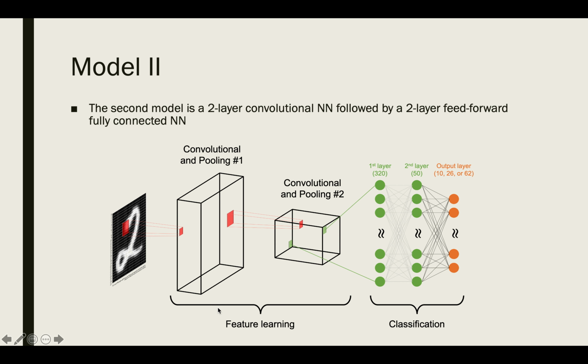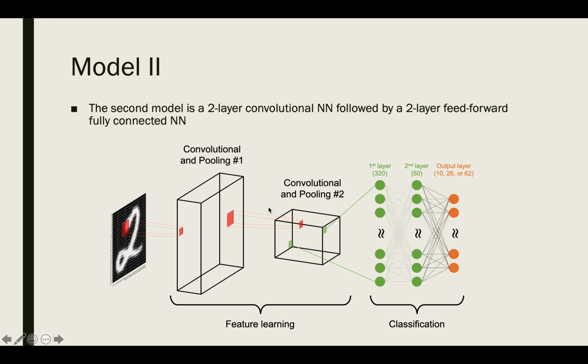For the first part, which is actually the feature learning, the filter size for both of these two convolution steps is 5 by 5, and it is followed by a pooling step that tries to decrease the computation time. The kernel size for pooling is 2, and the stride is also set to 2 for both of these layers.